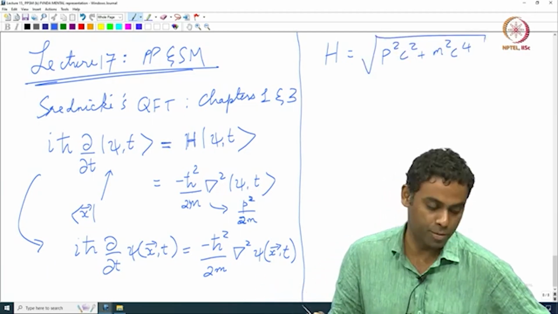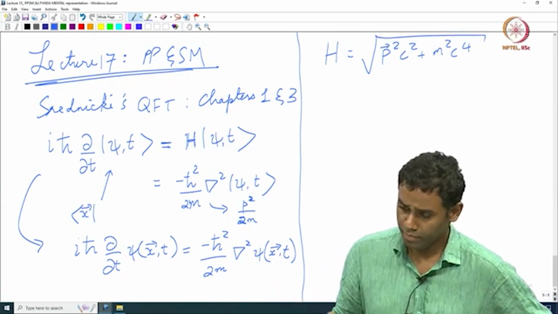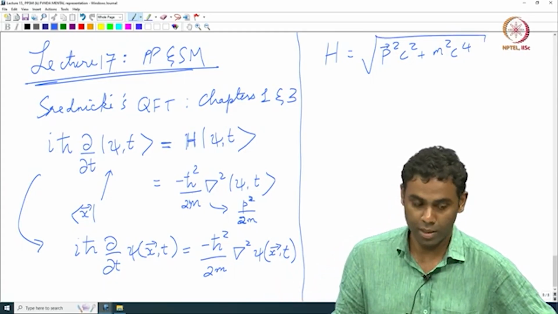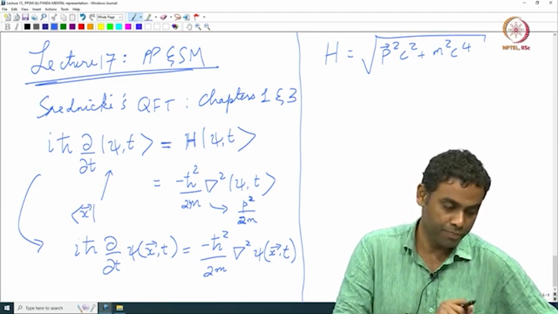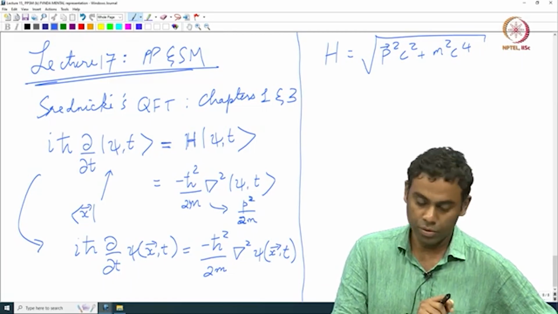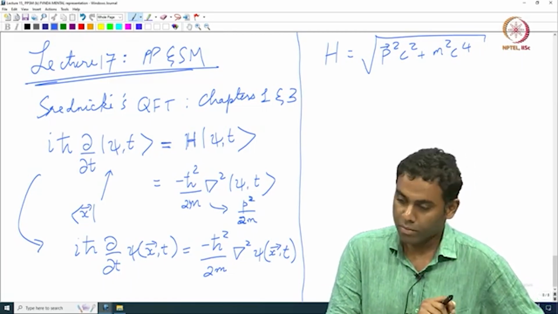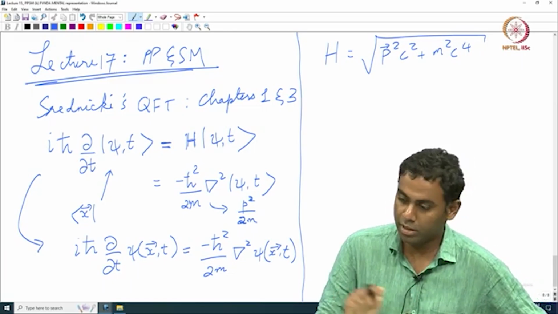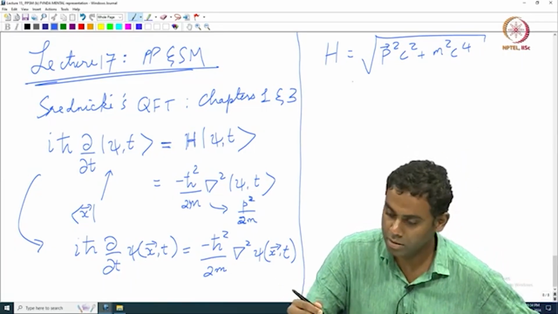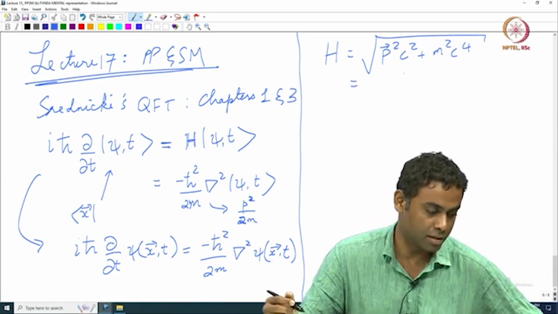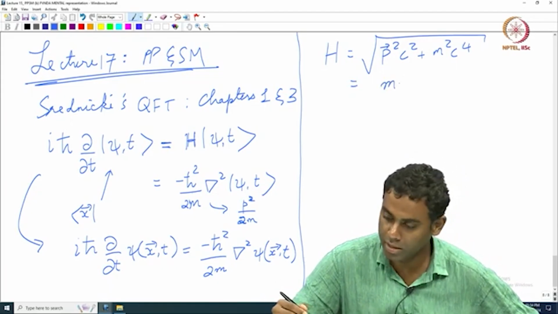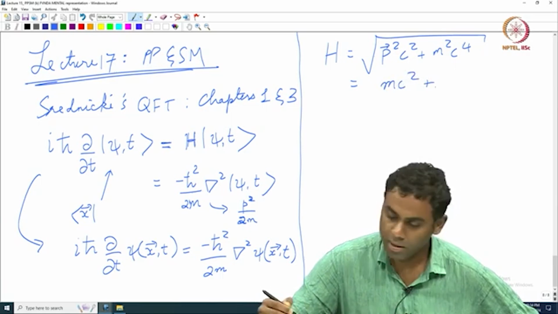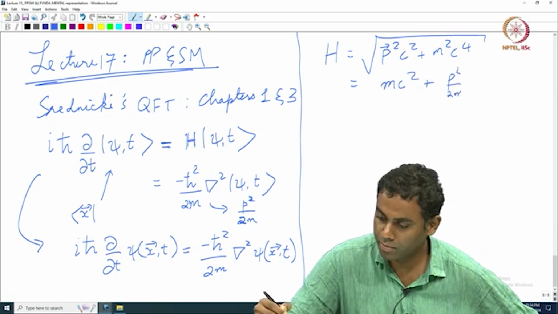I will try to use this as a Hamiltonian, agreed, where p is still an operator, right, because I want the Hamiltonian to be an operator, correct. So, of course, it should be clear if I do an expansion what this means. If I take a small momentum limit, then I am going to get an mc squared plus a p squared over 2m plus higher order terms, correct.